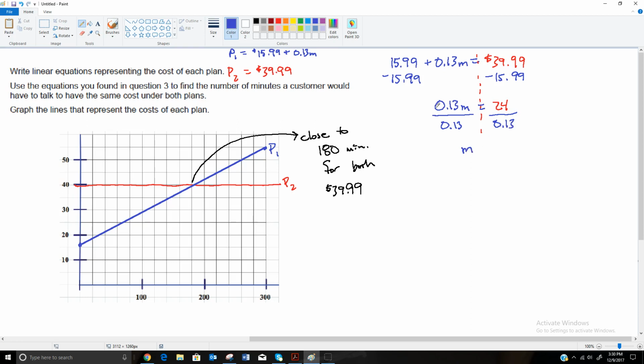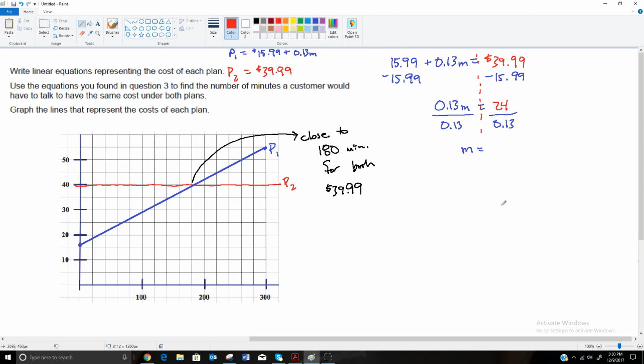And I get that the number of minutes that we need in order for these to be equivalent is whatever 24 divided by 0.13. So we have that extra $24. And how many minutes at 13 cents each do I have to talk to make up for, or to be equivalent to, that extra $24?